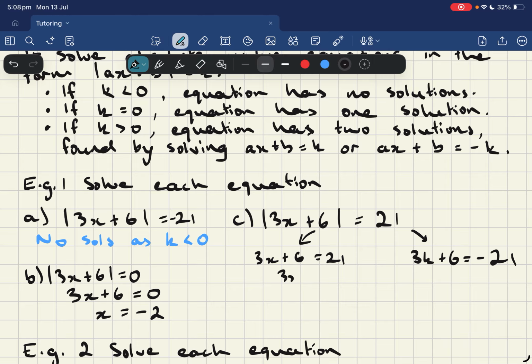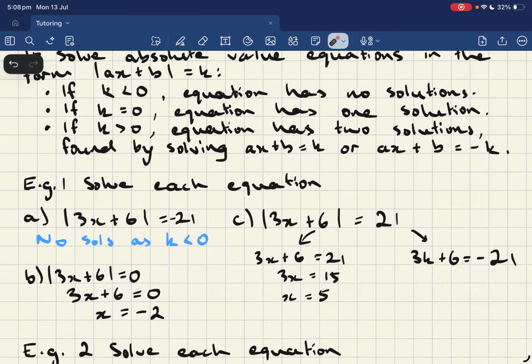So here 3x is going to equal 15, and x is going to equal 5. Now let's just check this solution by substituting it back in. 3 times 5 gives us 15, plus 6, that's 21. The absolute value of 21 gives us 21. So that solution is correct.